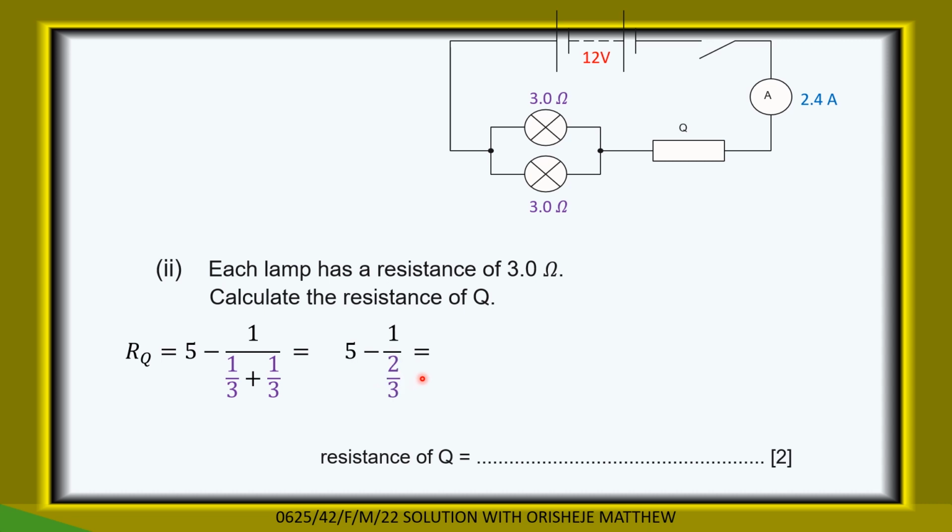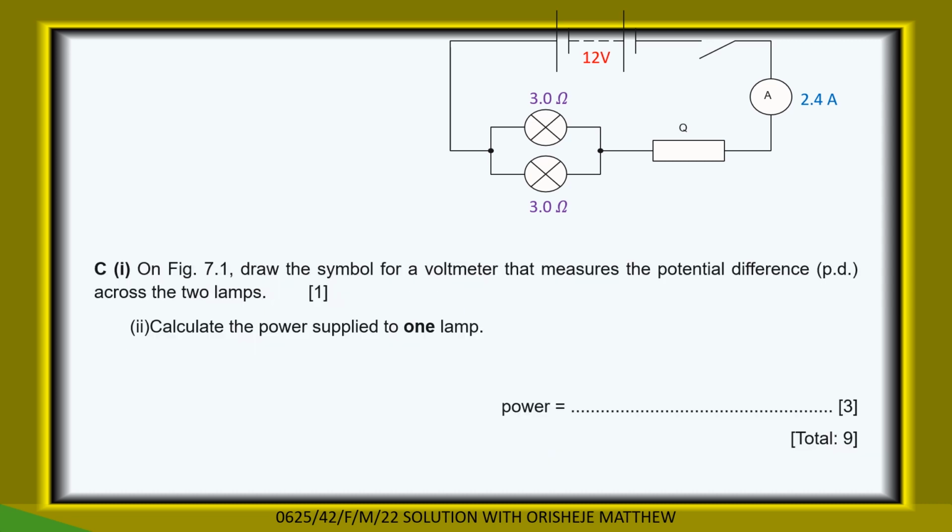That is how we got 3.5 ohm as the resistance of resistor Q. We are also expected to draw the voltmeter across that. The voltmeter is always connected in parallel to the resistor.